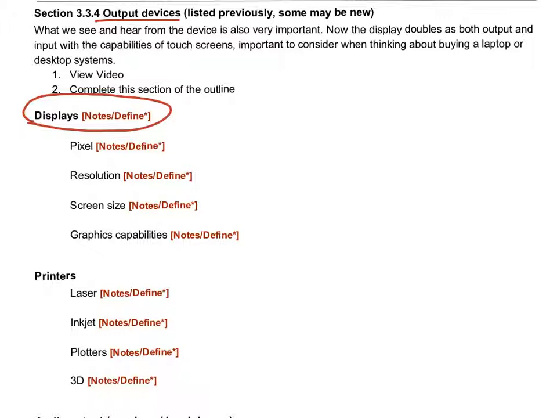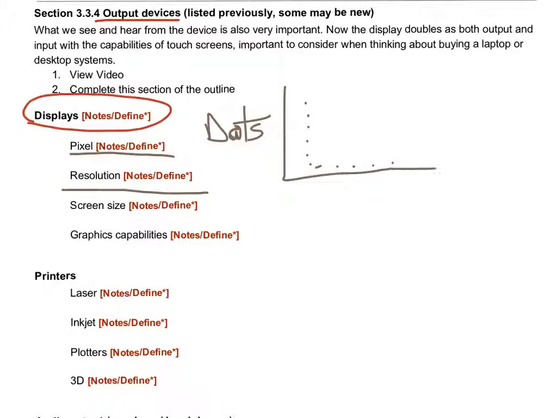Here we talk about pixels. Those are picture elements, the dots that make up the screen. And then resolution is how many dots down and across you use to make the picture. And of course, the higher the resolution, the better.